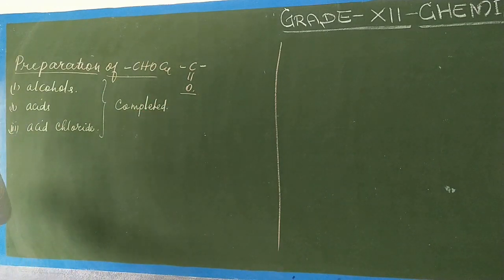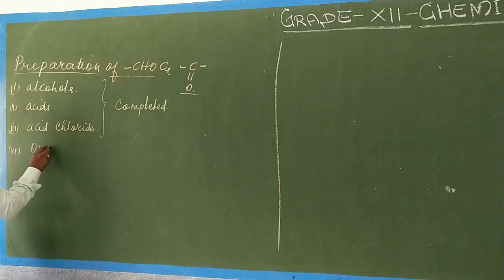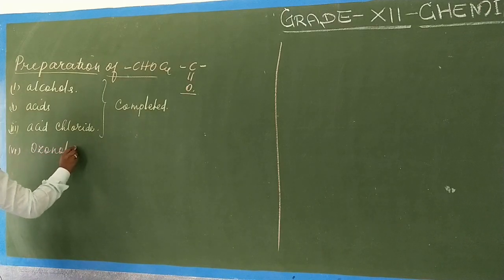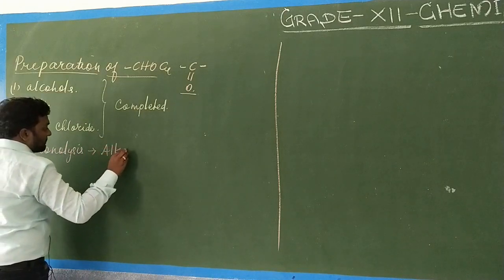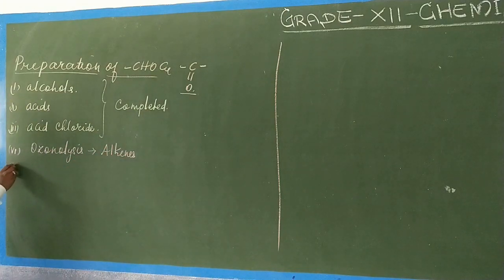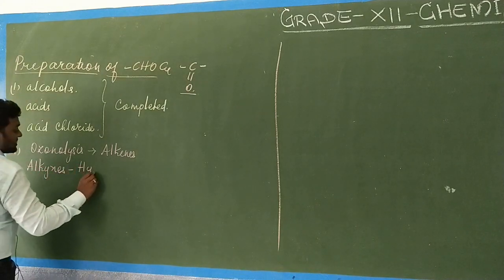What are all the remaining preparations? The fourth method of preparation is the ozonolysis method, that is from alkenes we have to prepare. Then the fifth one, from alkynes by hydration method.